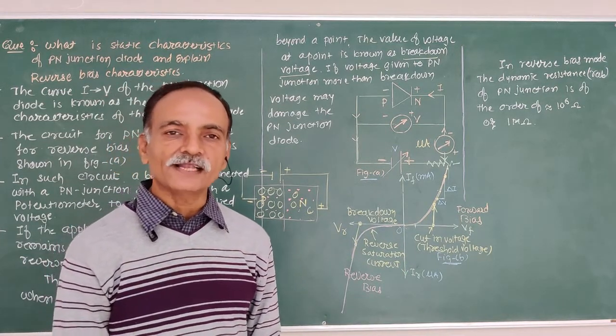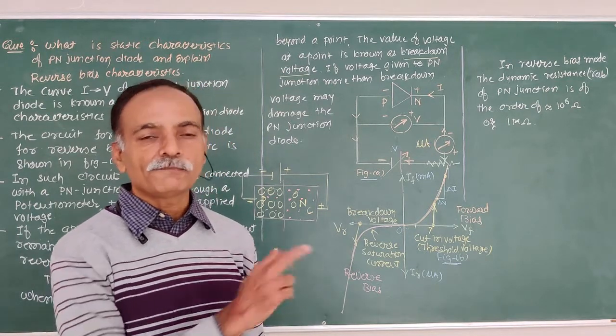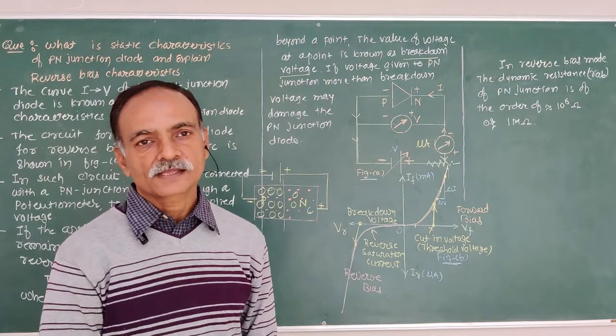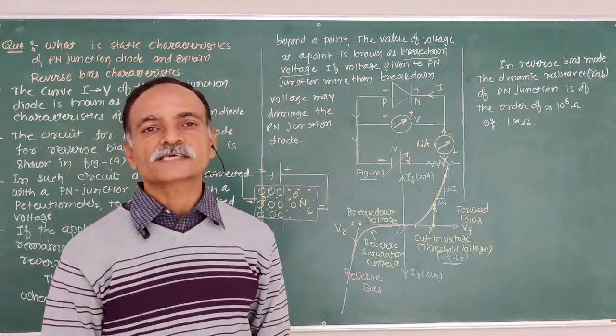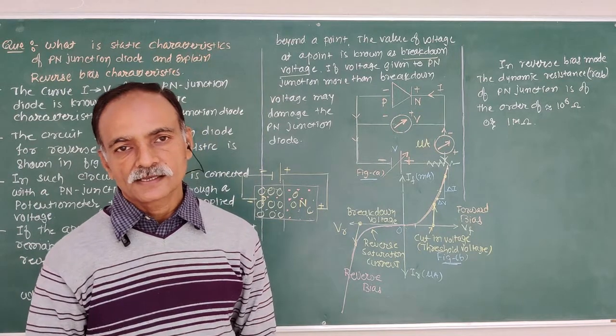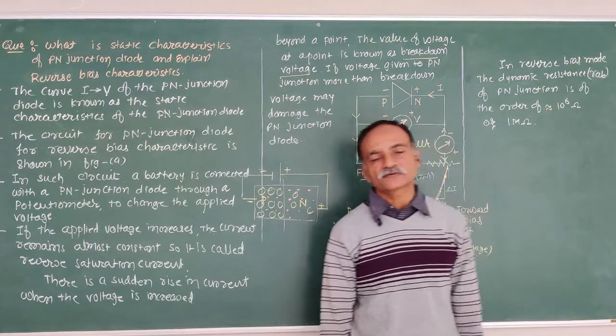Therefore, it is difficult to diffuse the electron from N to P and the hole from P to N. Therefore, the electron and hole during the diffusion suffer more resistance. This resistance is of the order of 1 mega ohm or 10⁶ ohm.